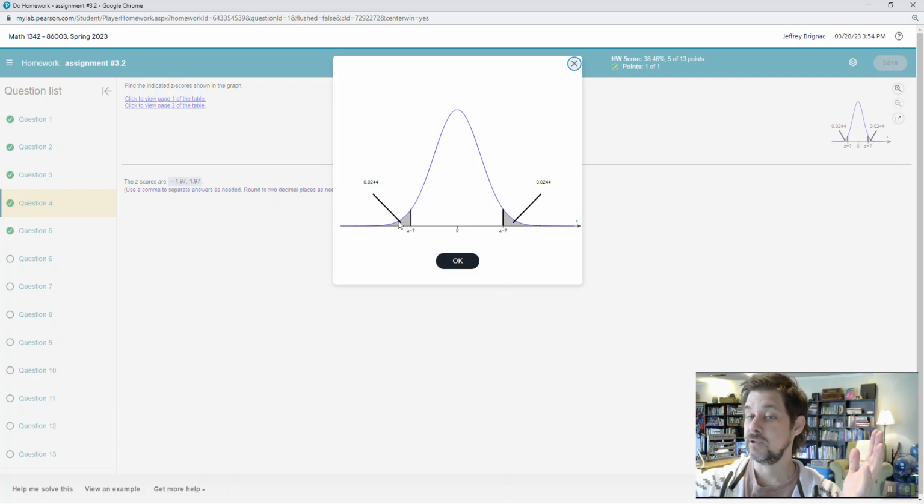So it's a mirror image on either side of that. Whatever this number is, it will be negative, and this number will be positive, and it will be the opposite. So if this number was negative 0.3, this number would be 0.3. So if I can find this one, take the opposite, I'll find that one.